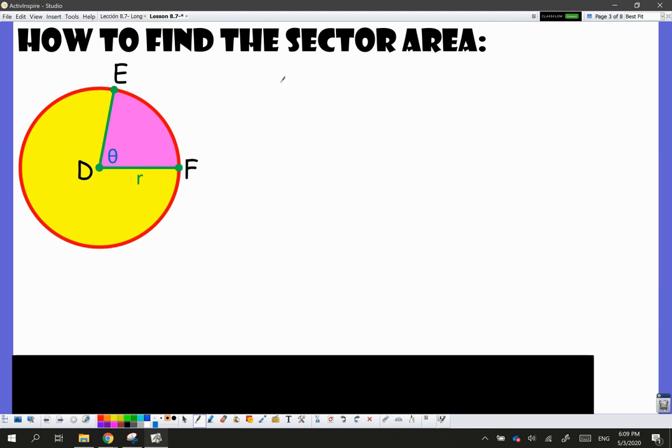So I'm just going to go ahead and start with the symbols this time. So I have theta over 360 degrees. And that equals, now this time, I want the sector area. So instead of having a cursive L, let's use a lowercase a for area, for sector area in this case. And we know that we need the total area.